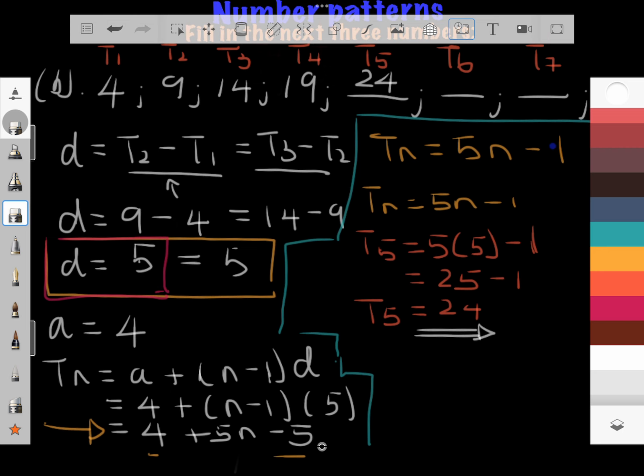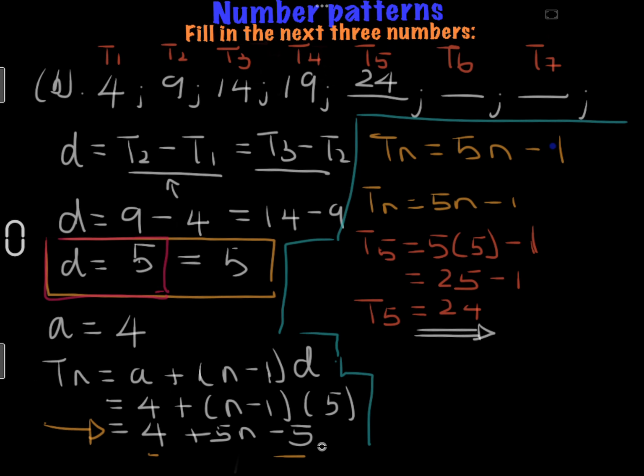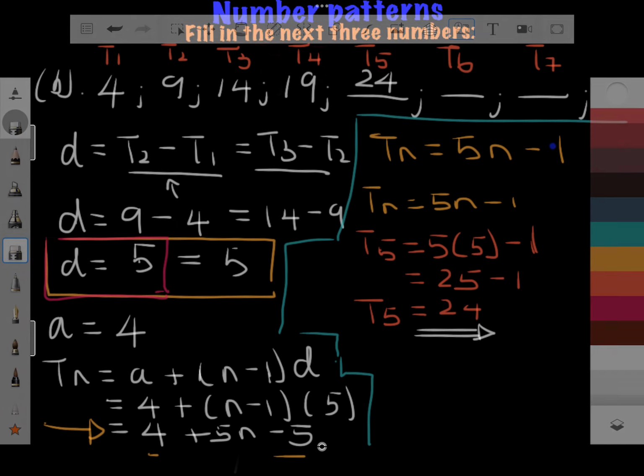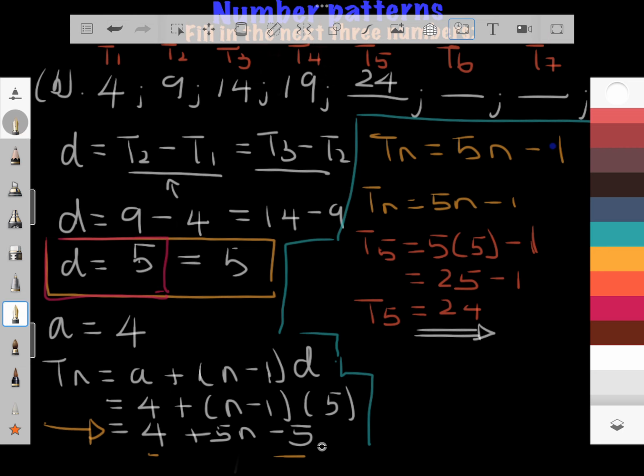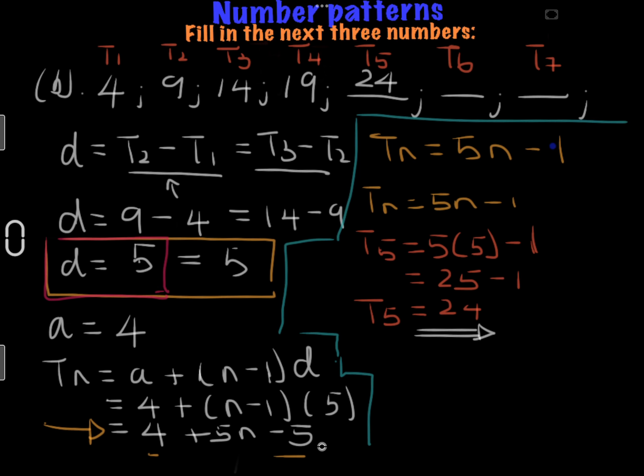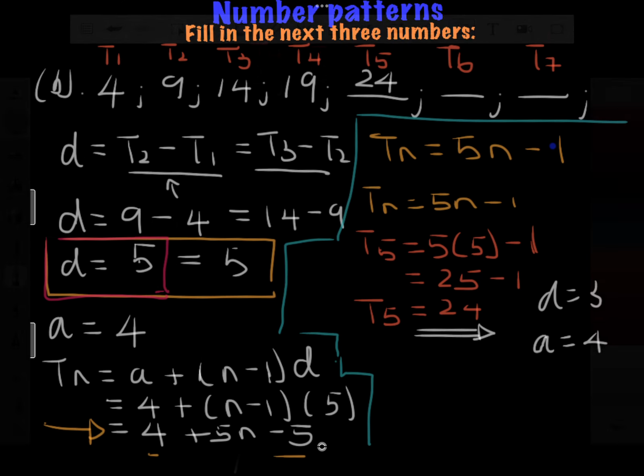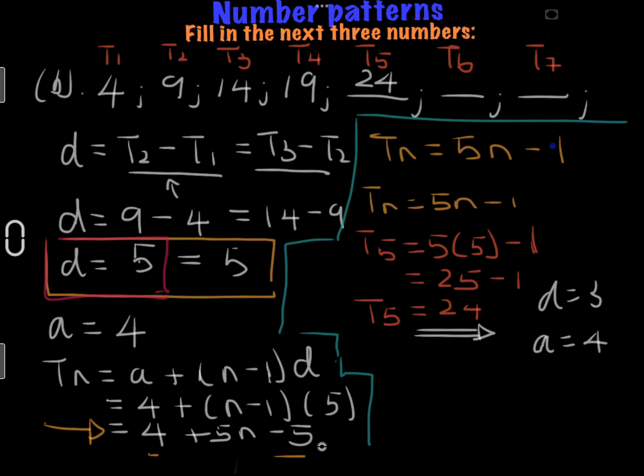We know that the difference, let me write it down here before I erase or move on to the next part. D is equal to 3 and A is equal to 4. Okay, let's go ahead and erase.